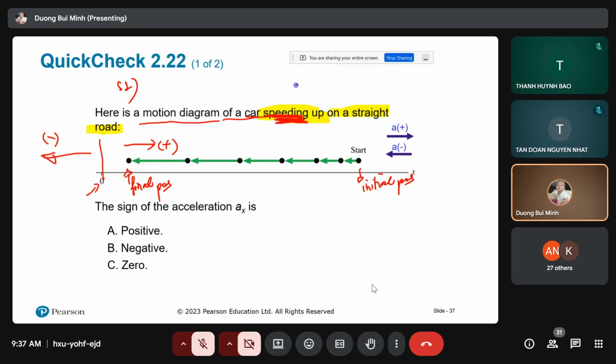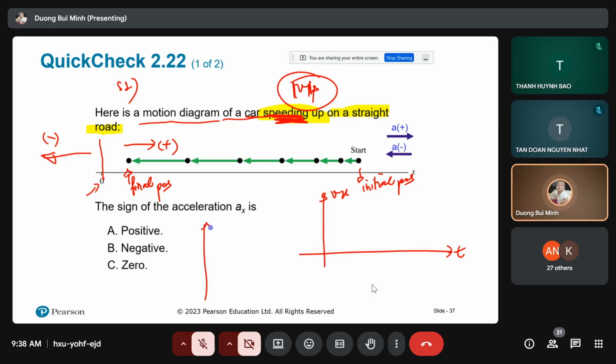That means the absolute value of the velocity is increasing. If we don't know the direction of velocity, we just consider absolute values. So the absolute value is increasing, right? If we consider here is Vx, here is time.